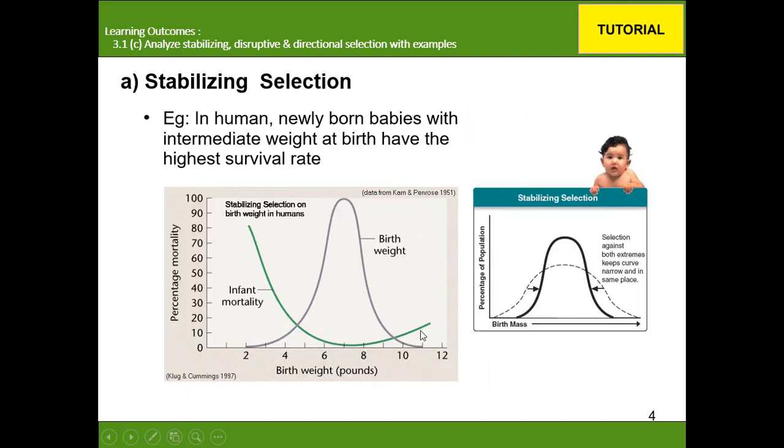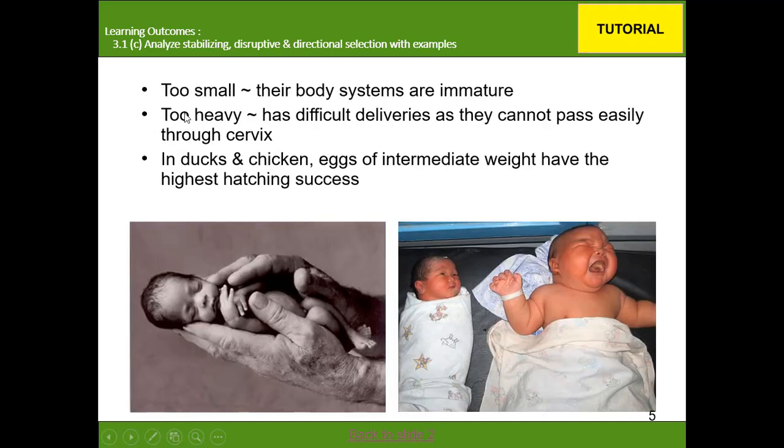As an example, in humans, newly born babies with intermediate weight at birth have the highest survival rate. If the weight of the baby is too small, their body systems are immature. If the weight of the baby is too heavy, they have difficult deliveries as they cannot pass easily through the cervix.